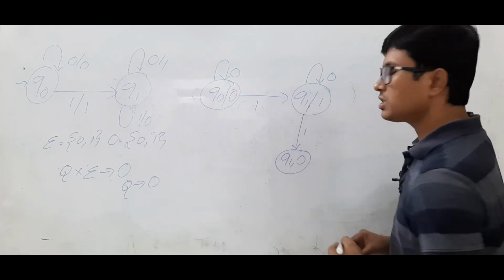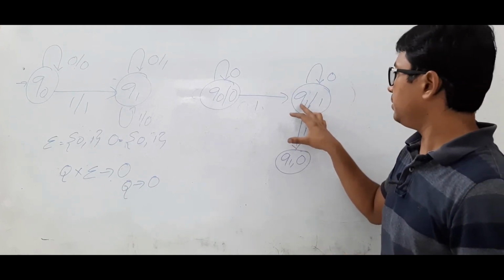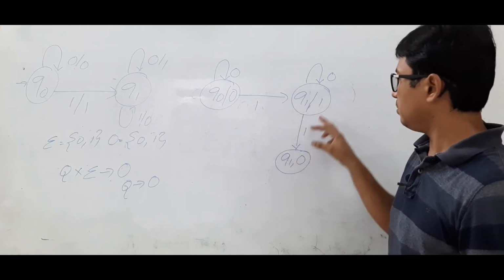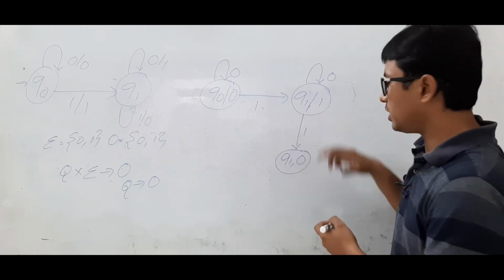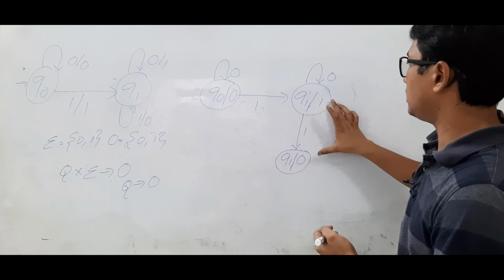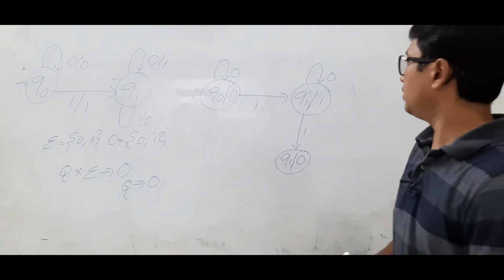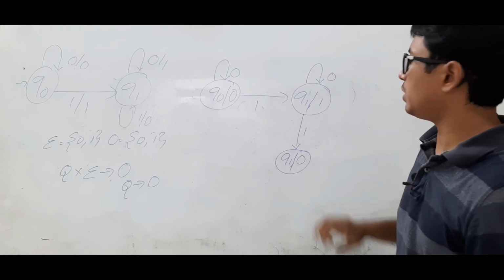Now please remember one thing. These two are different states. Maybe the names of the states are both Q1, but one is producing output 1 and the other is producing output 0, so these two states are different. Now Q0 on 0 and 1 is finished.